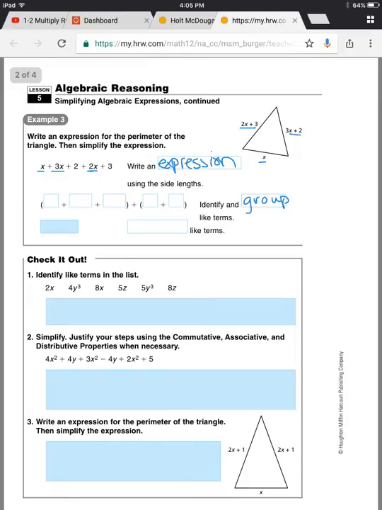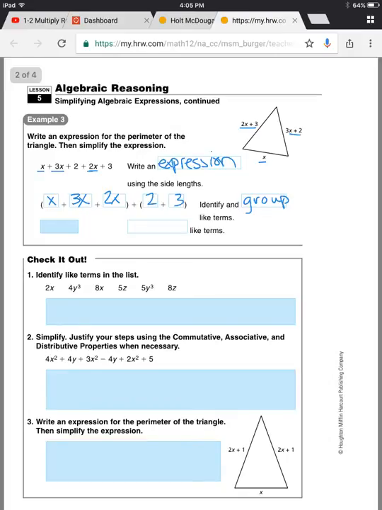So we can say those three are like terms, and we can put them together in a set of parentheses. x, 3x, and 2x. Then we're going to look at the 2 and the 3. Different numbers. They don't have a variable, so just because they're 2 and 3, we can add 2 and 3. We know we can add 2 and 3, so those are like terms.